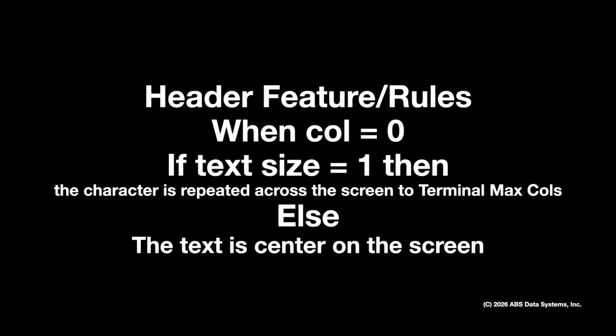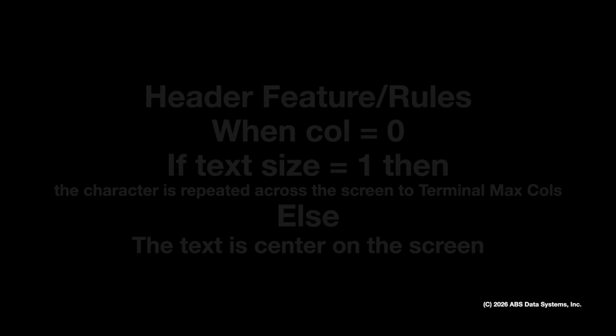When the column equals 0, if the text size is equal to 1, then the character is repeated across the entire screen of the terminal to the terminal max column size. Else, the text is evaluated and centered on the screen, which saves you the time of trying to compute what the center of the screen is going to be.